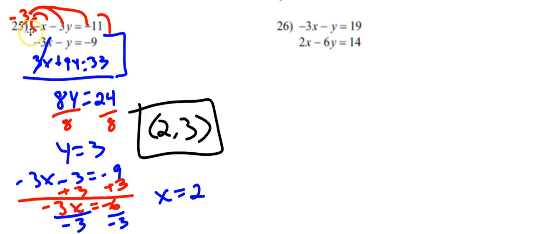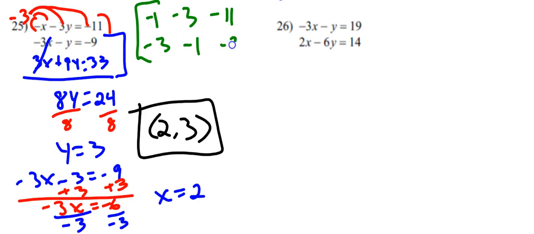If I only look at the A, the B, and the C values as a matrix, this would be, I guess I'll do it in green, -1, -3, -11, -3, -1, -9.